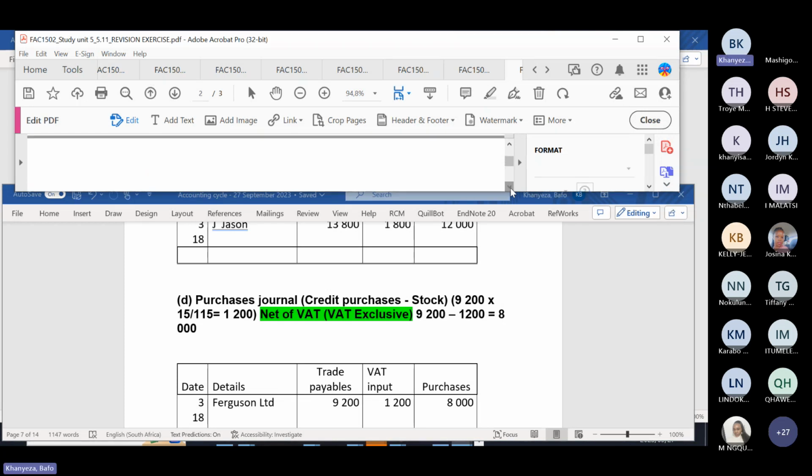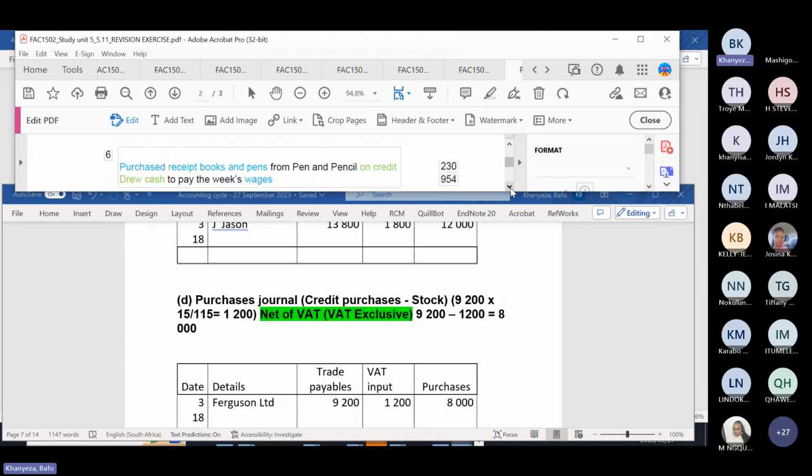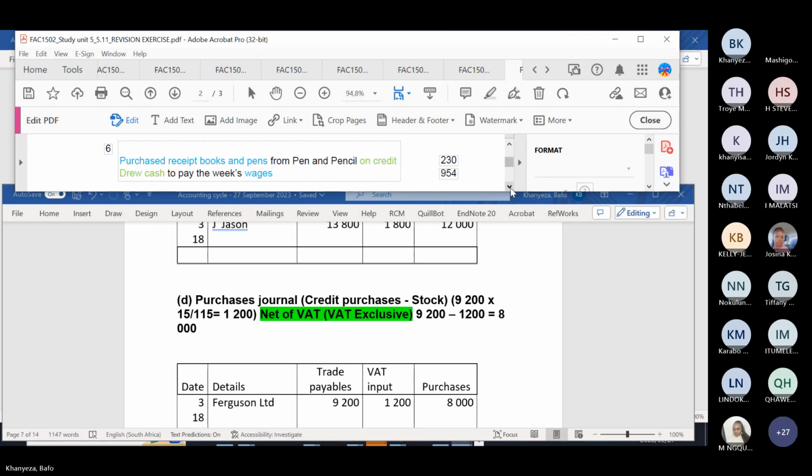Now we are moving to day number 6. There, we bought on credit from Pen and Pencil. I know in the study guide it says it's a credit card, but it's just going to be complicated if it's a credit card. They bought on credit from Pen and Pencil.